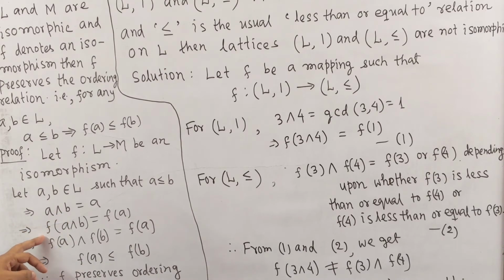We apply F on both sides: F(A meet B) equal to FA.